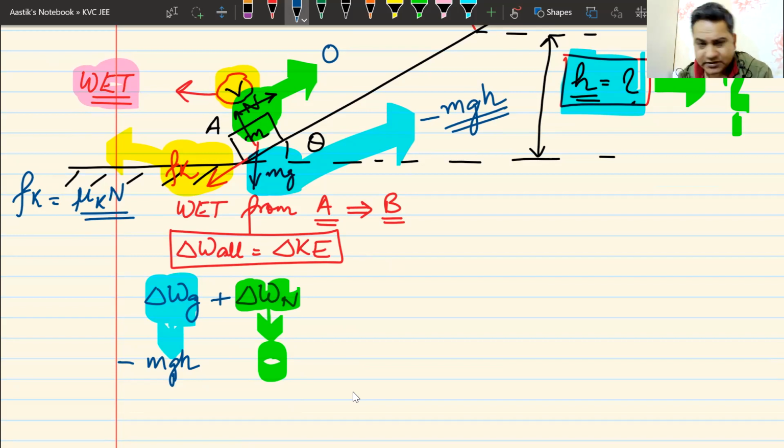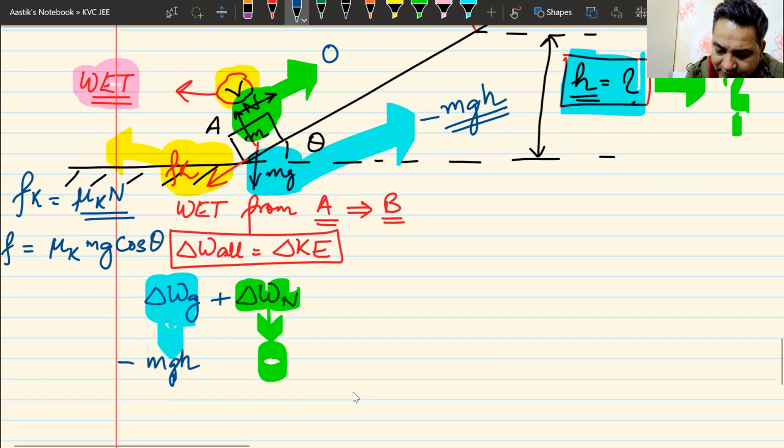How much is the normal reaction? The value of normal reaction is mg cos theta. So it will become mu k into mg cos theta. That is my frictional force.